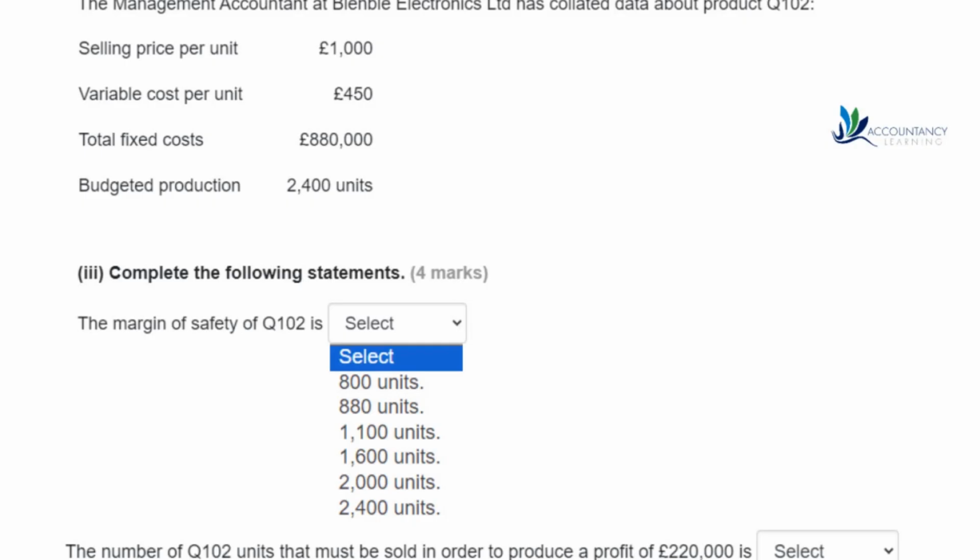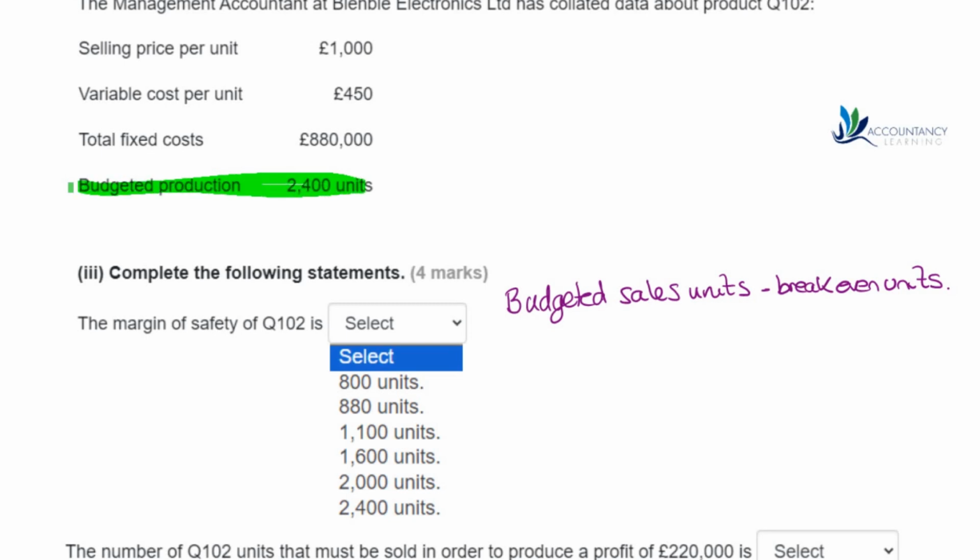So, in order to work out our margin of safety, the formula for that is going to be our budgeted sales units minus our break-even units. So we have our budgeted production here, but we haven't got our break-even units.